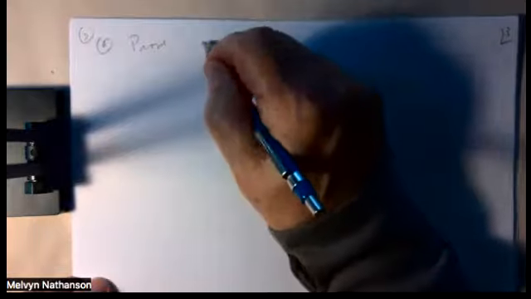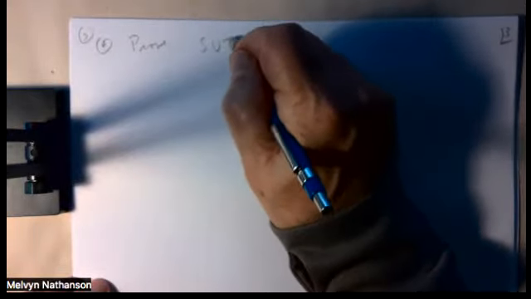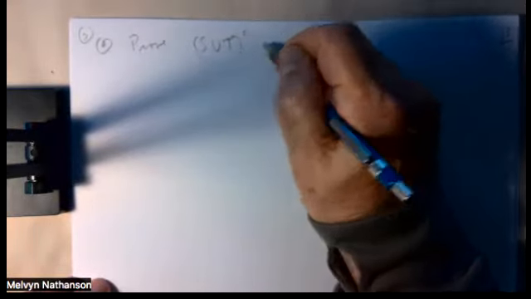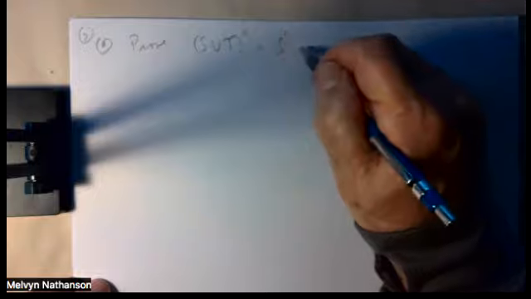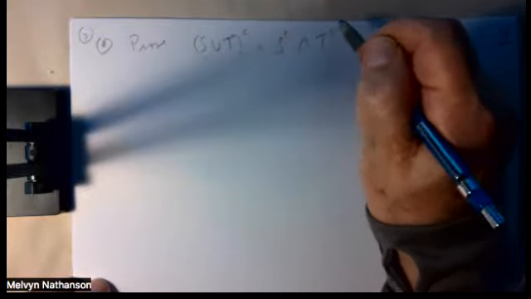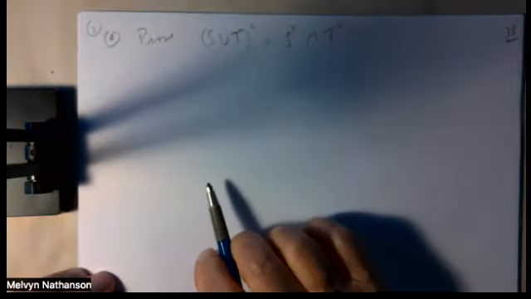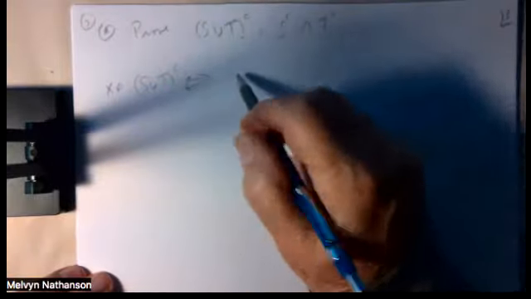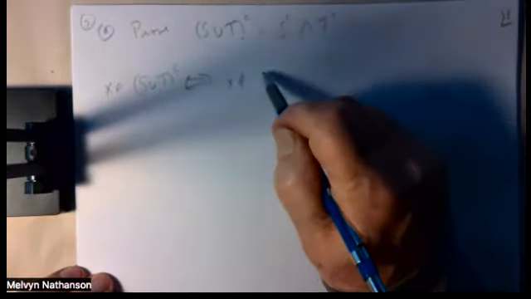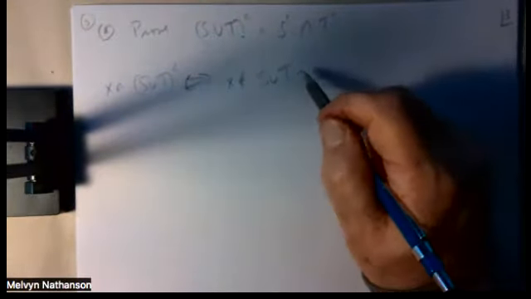So we want to prove that the complement of S union T is the complement of S intersected with the complement of T. So X is in S union T complement if and only if X is not in S union T. That's what it means to be in the complement of a set.